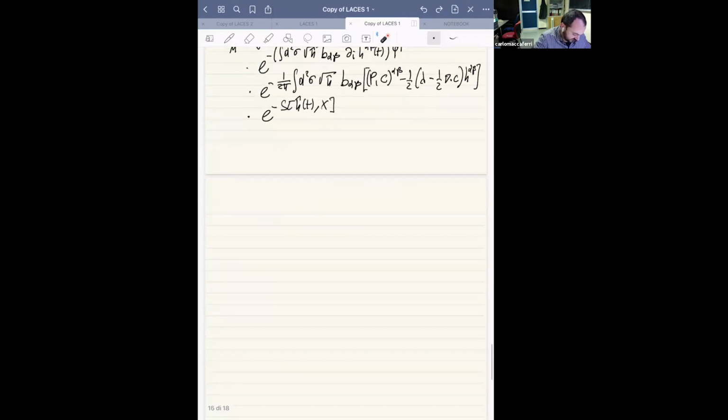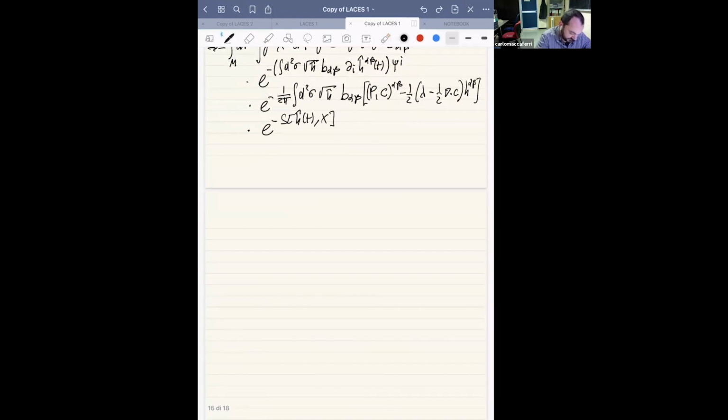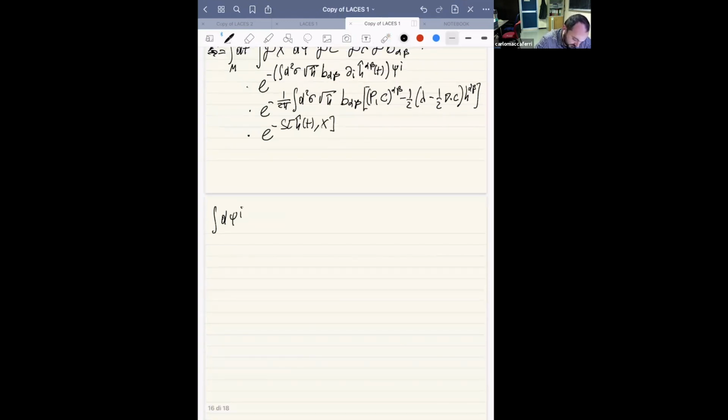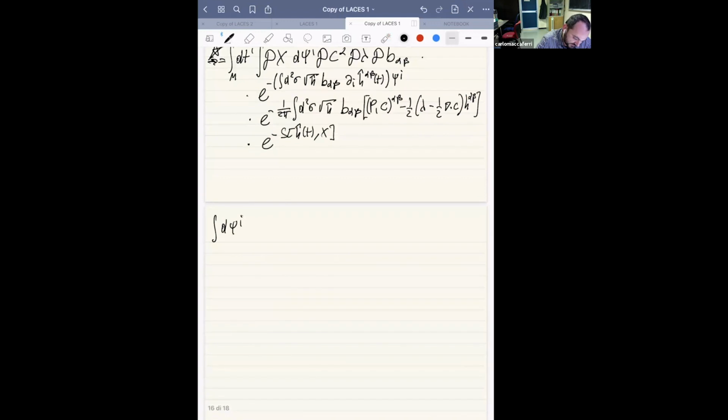Okay, doing these simple integrals, if I do the integral in d psi i, essentially what happens is that if I expand this exponential, I have only one term. We start with 1, which gives 0 on the Berezin integral, and then I have the only term that is linear in psi i, that is the one that is captured by this integral.